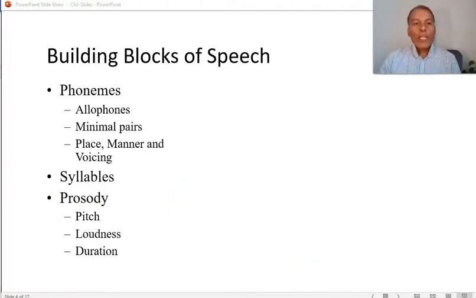So a phoneme is the smallest sound unit of the language. It is a sound unit that when you take it out of a word, the word doesn't become the same word. The word either breaks down, doesn't become a word at all, or doesn't mean the same thing that it did mean. Let's say, for example, take the word pitch here under prosody.